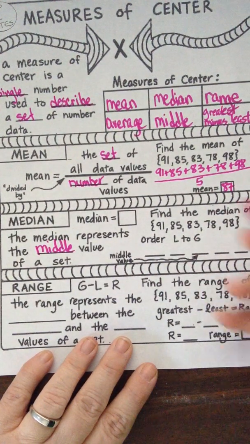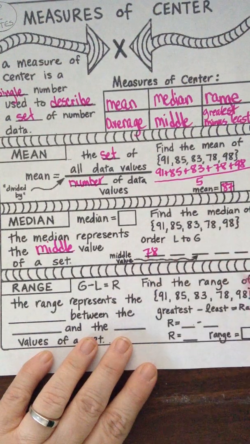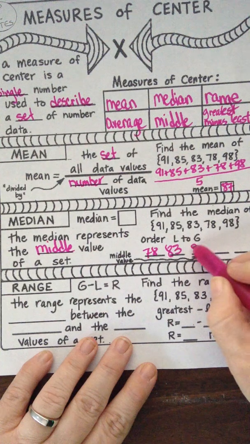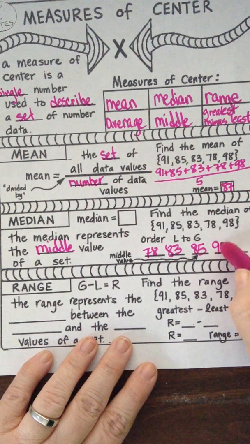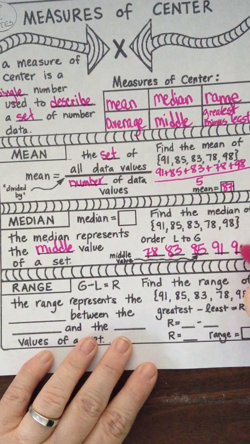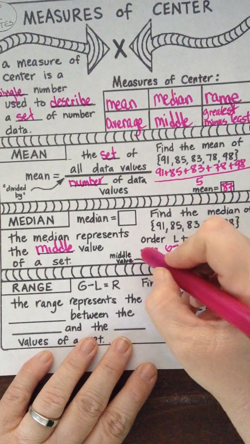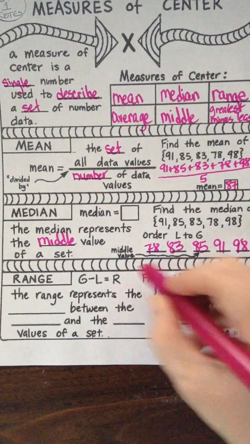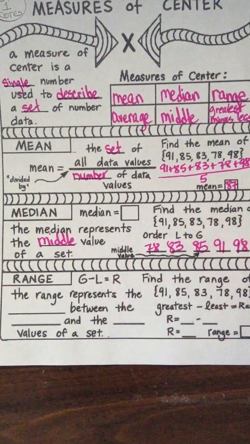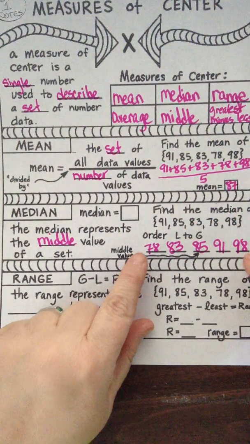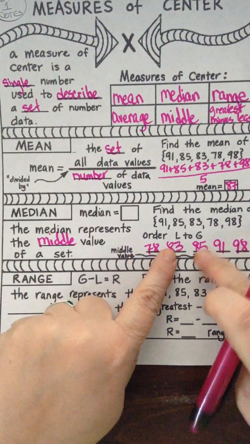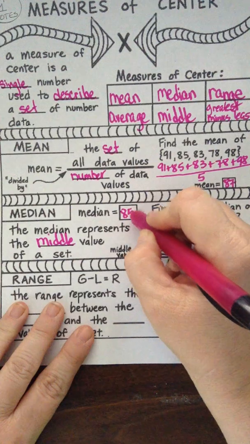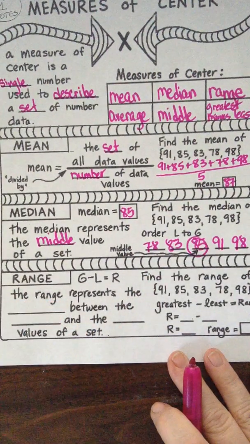So our smallest number is 78. Then we have 83, and then 85, 91, and 98. So this is the smallest, and this is the biggest. You have to put them in order, least to greatest. And then you just count. Back, back, boom. There's our middle right there. So our median is 85. That's the number that's right smack dab in the middle.